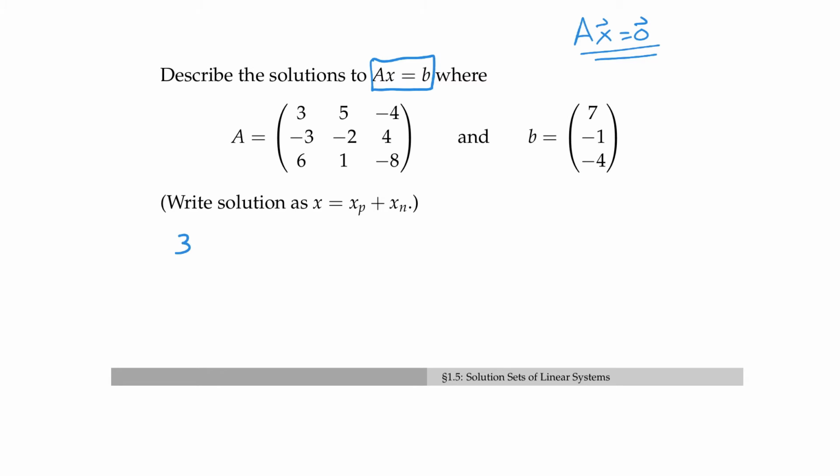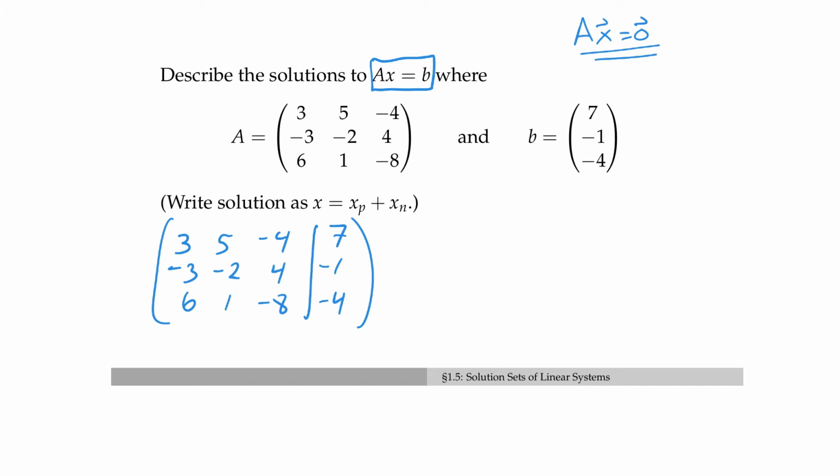So I'll have 3, -3, 6, 5, -2, 1, -4, 4, -8, along with 7, -1, -4. If you're paying attention, you might notice something, but I'm not going to say anything quite yet. But hopefully you've noticed it.